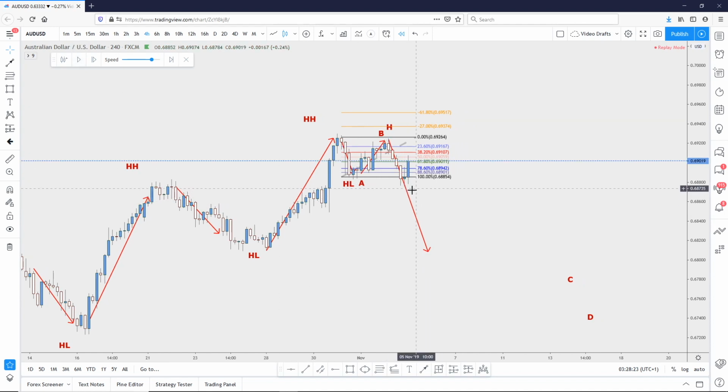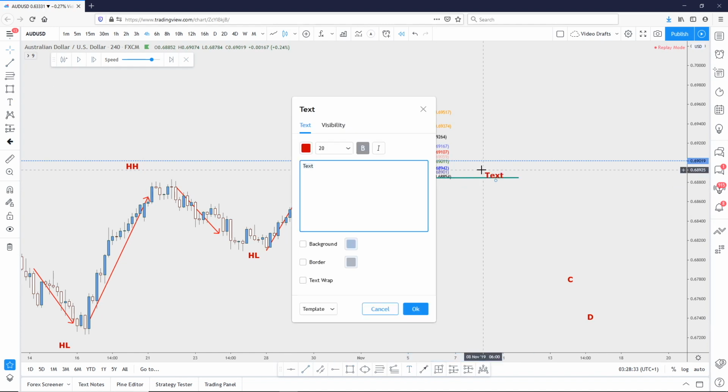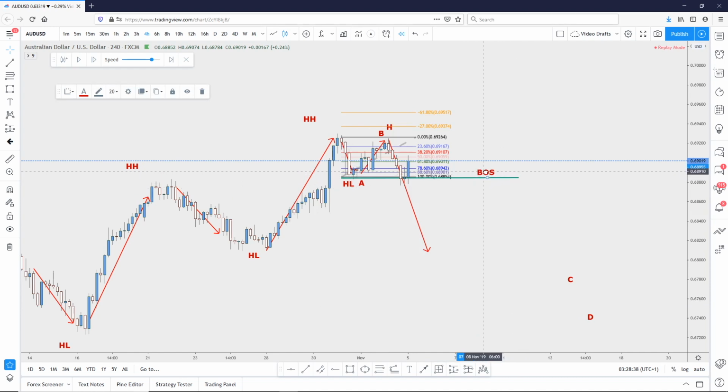Okay, well, here we could draw a break of structure. The direction has changed. Let me draw in BOS. Let me delete this tool just to clear it up.